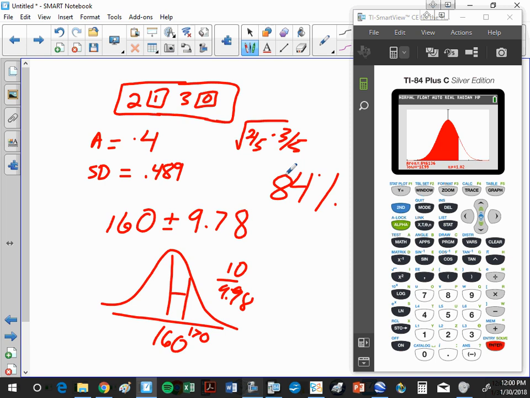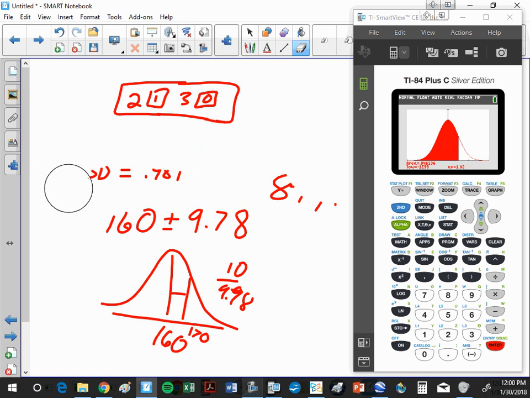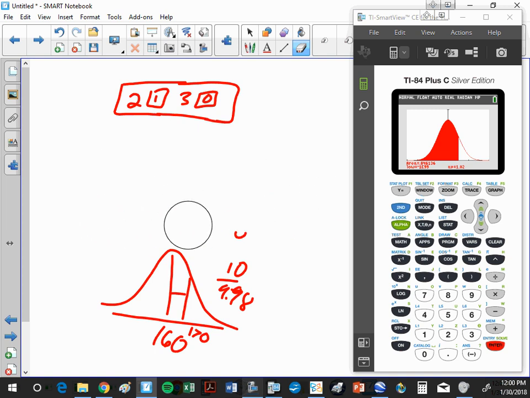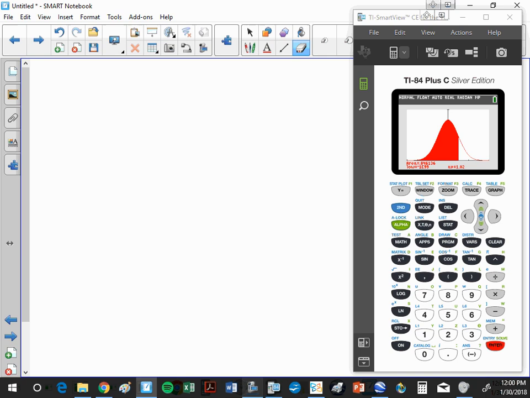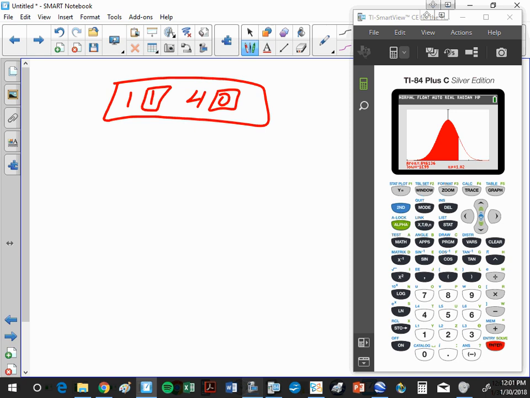Okay, G. If 340 people each draw 100 times from the box, how many of them will get 12 nines? We need a new box. Why do I need a new box? There's only one 9. So 1, 1, and 4 zeros. So now the average of the box is 0.2.